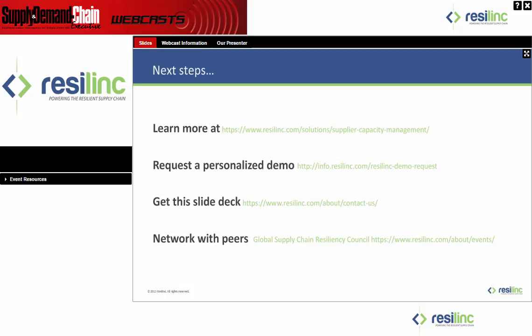Okay. Does Resolink have a big supplier database already? Do customers need to provide the information on their suppliers? Resolink actually has a very large supplier database in place already. Customers, yes, they still do need to provide some information about their suppliers, especially contact information.